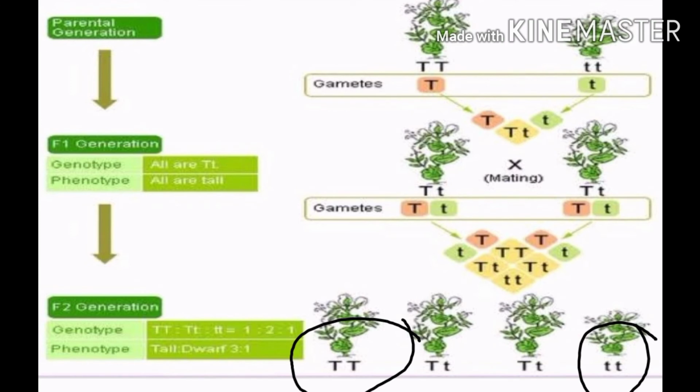You can see in this figure capital T are pair of identical genes responsible for the tallness character. And you will also notice small t, a pair of identical genes which is responsible for the character shortness. They are termed as homozygous.